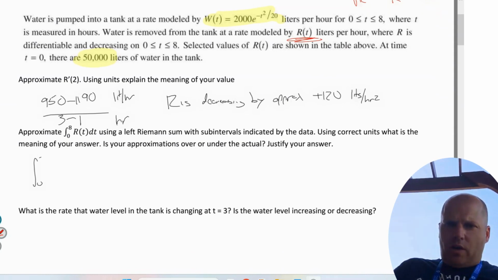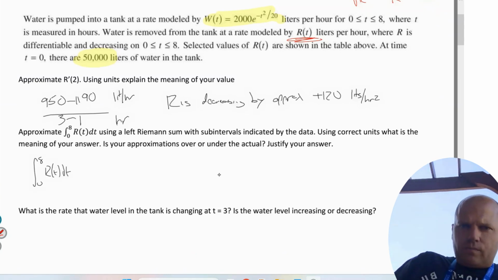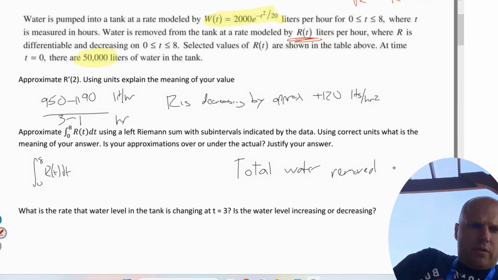If we accumulate R, we'll get the total removed in liters. Total liters removed.